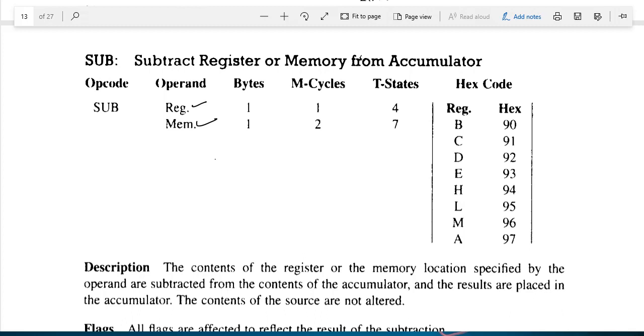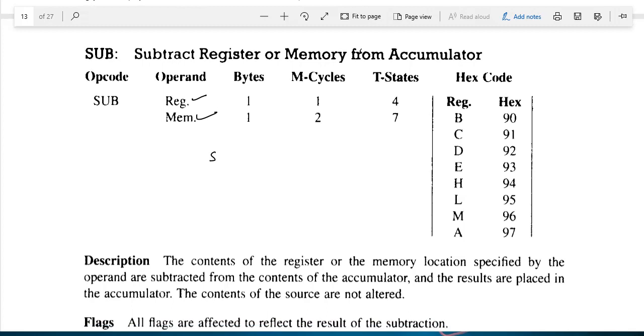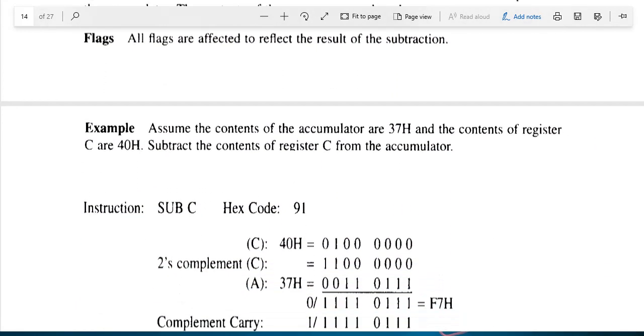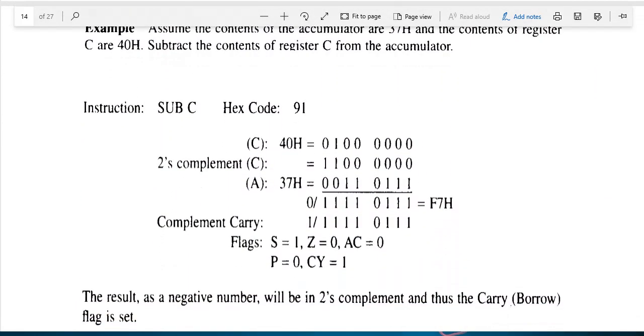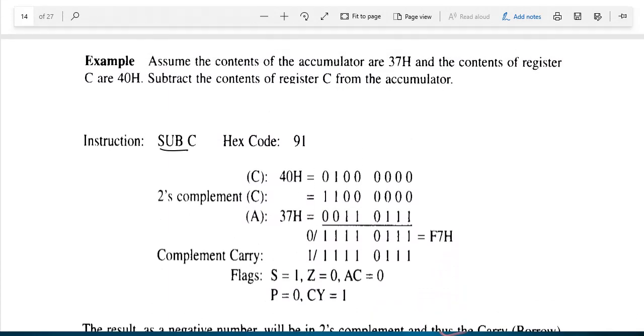For example, we can see from the example, if we have the instruction SUB C, and in the accumulator we have the value 37 and in C we have the value 40H, we want to subtract 40H from 37. So it can be done with this instruction.